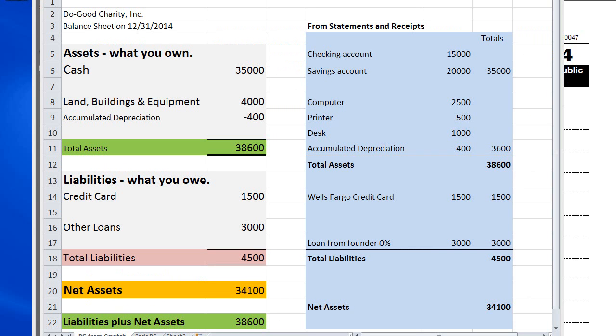So I hope I have given you some valuable information here as far as being able to cobble together a balance sheet with just documents at hand. Understand that this works quite well for a small organization with just a few assets and a few liabilities. As the organization grows, it gets more complicated and it's more difficult, but it still works.